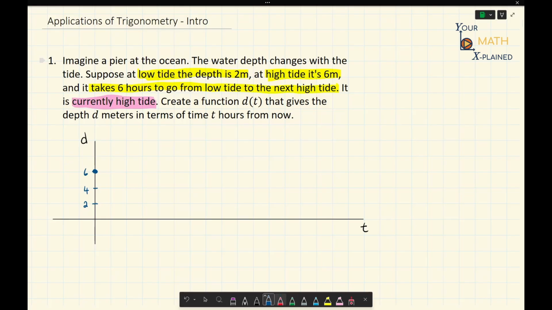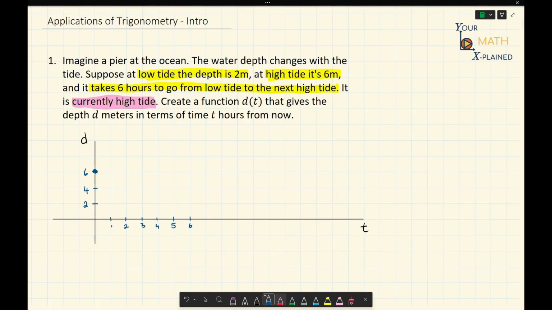So since we know that it takes 6 hours to go from low tide to the next high tide, that tells us it also takes 6 hours to go from current high tide to the next low tide. So we're going to label our horizontal axis as 1, 2, 3, 4, 5, and 6.